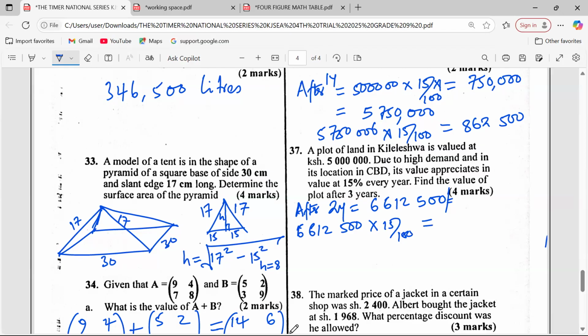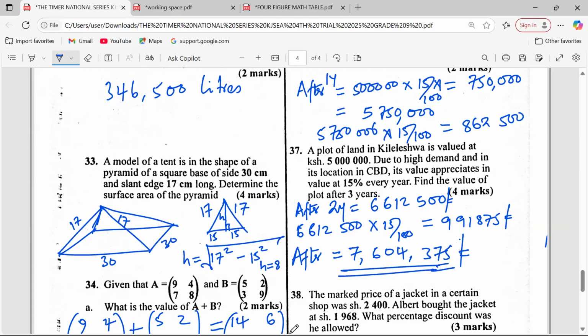So this one by 15%, this is going to be 991,875 Kenya shillings. That means after 3 years now, because during the third year it earned this increasing value, we add the value it had. Then this is giving us 7,604,375 Kenya shillings. So this will be the value after 3 years.